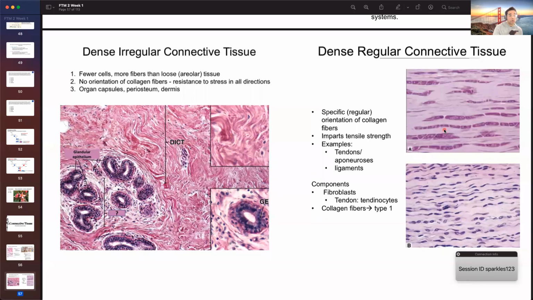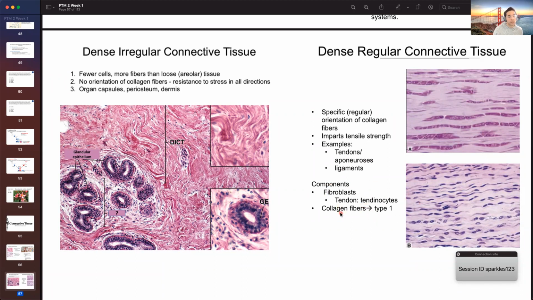Remember, those are great, those are strong, but the problem is that they have very little blood supply to that region, so healing of ligaments and tendons is very limited. Everything at that level is more fiber, and you can't just pass material through for quick healing processes. So that's why there are a lot of tendon and ligament replacements whenever athletes get damaged. Components: fibroblasts, and tendons have tenocytes, okay?